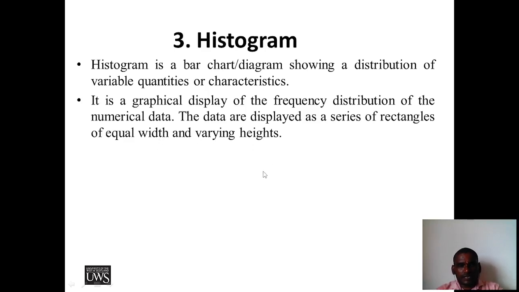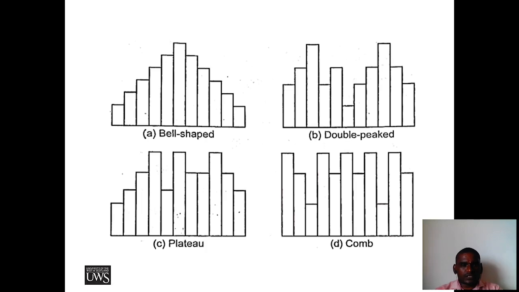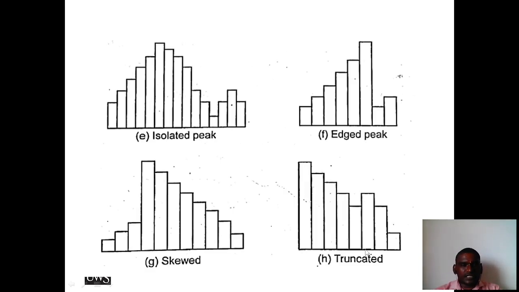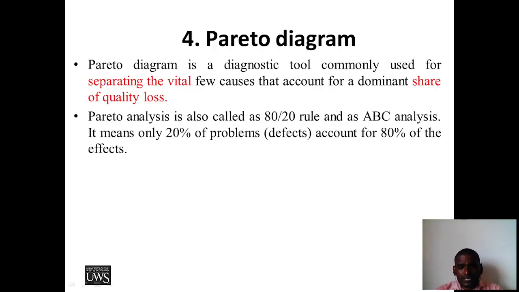Based on the values, the width is equal and the height varies. Here the quality is achieved at a minimum, and here at a maximum. The shapes include bell shape, doubly peaked, plateau, comb, isolated peak, skewed, and truncated. So these are all histogram diagram examples.